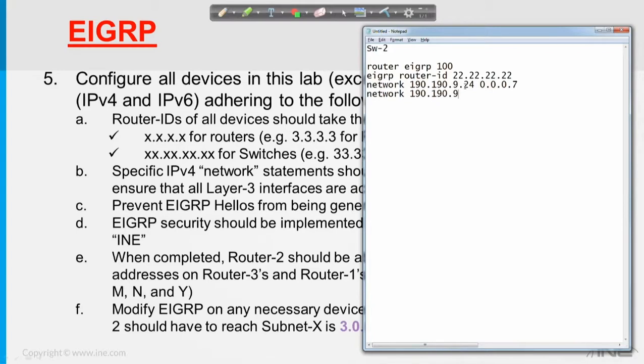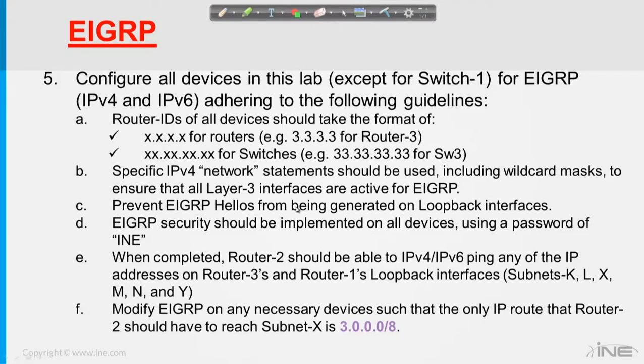And then he's also connected to 9.52, and because that's a /30, that would be 0.0.0.3. And that's it for switch 2. Those are the only 2 networks that he's connected to at the moment. Prevent EIGRP hellos from being generated on loopback interfaces. Well, switch 2 doesn't have any loopbacks, so we don't have to worry about that.